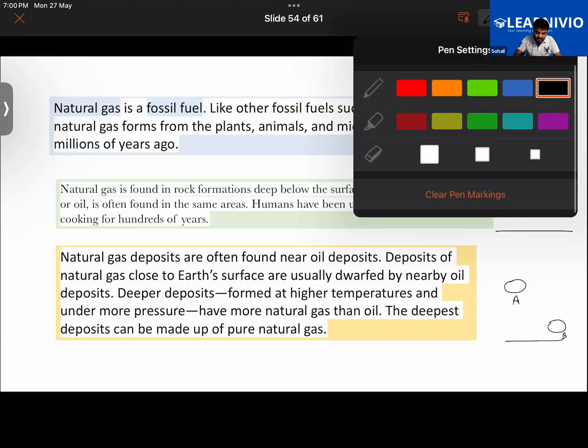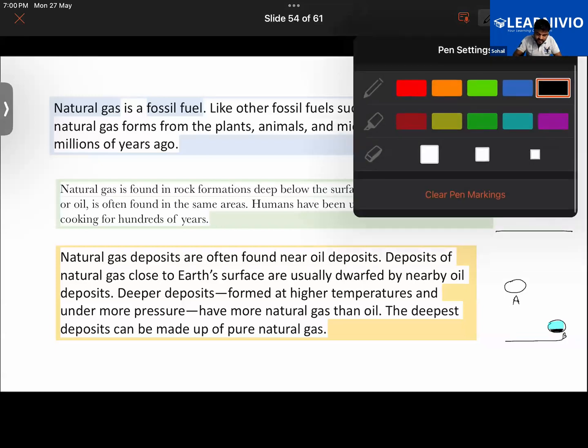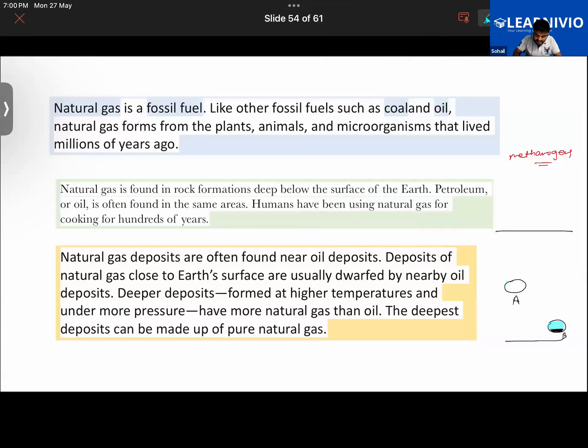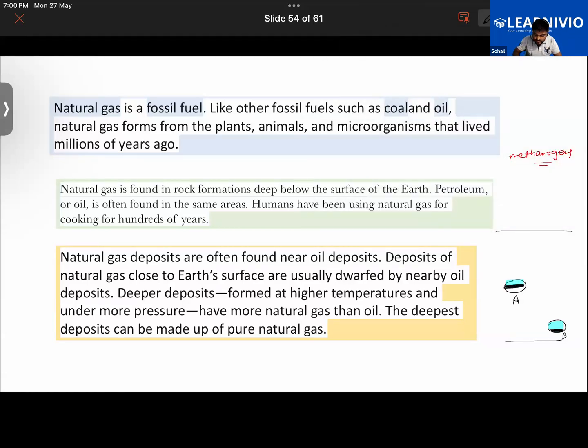B, obviously. So in B, more gas will be found and a slight amount of oil, while in A, a very small amount of gas and more oil might be found. Getting it or not?